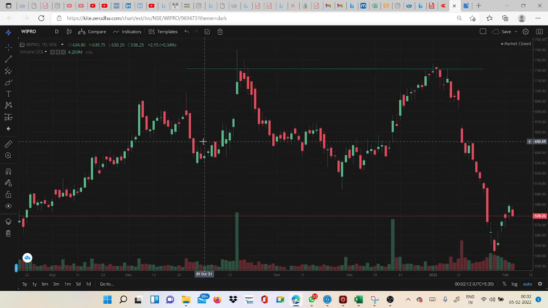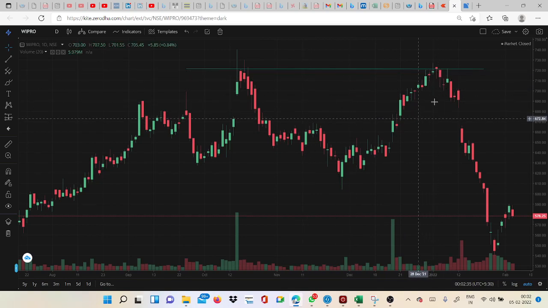If you have news that in the upcoming quarter there won't be a robust performance from Wipro, and there's a high chance that the price of the Wipro stock may go down, that is when you decide to enter into the put options of Wipro, right?